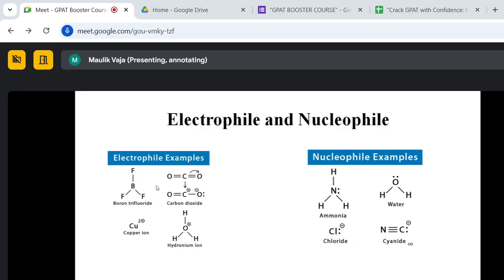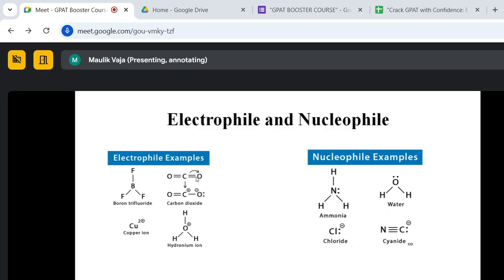Another example which is not a cation, but still is an electrophile, is the carbonyl carbon. In a carbonyl carbon, C double bond O is there. I gave the example of CO2, just to understand this.